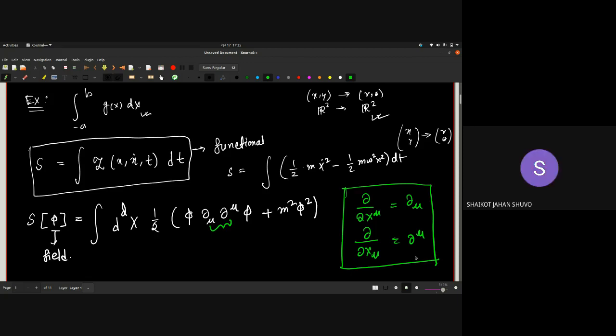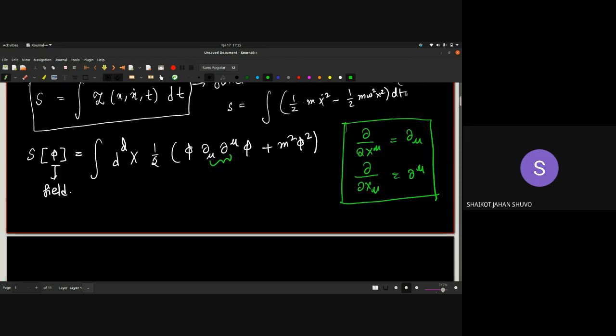Like, yeah, that's why I said like down goes up and up goes down. Okay, it seems silly, but that's how people write it. I don't know why. So these are examples of your functionals. And this d^d x means it's a d-dimensional system.